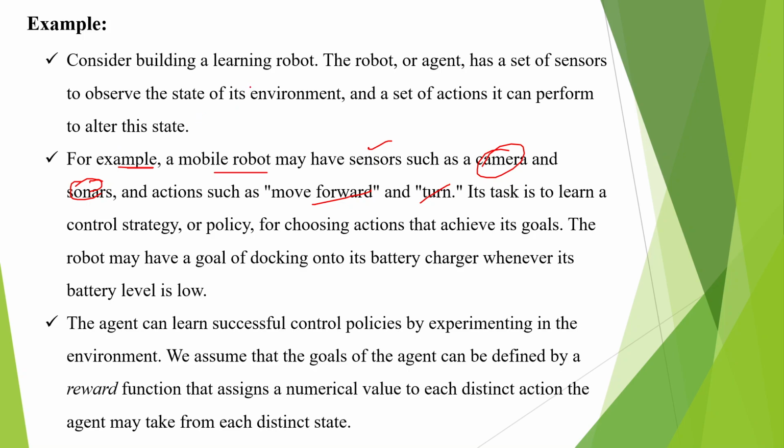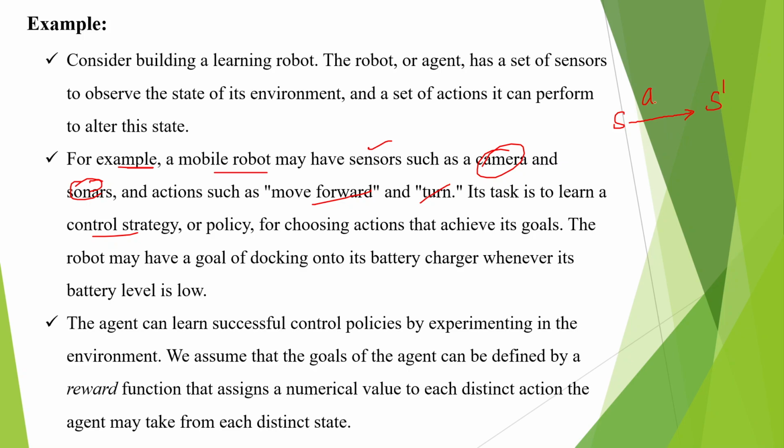Okay, its task is to learn a control strategy. Because when it is in its current state, say S, in order to perform a particular action A, the state will get changed to S dash, let us assume.